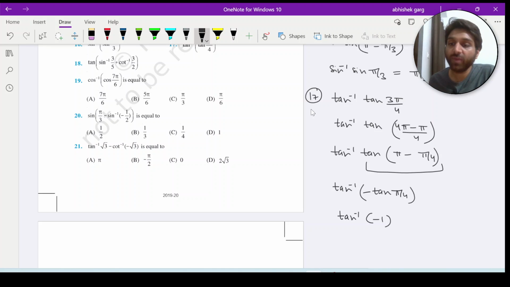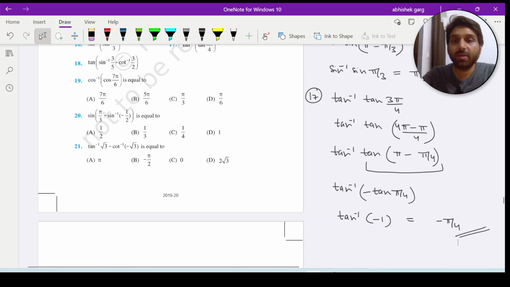Now, this is the question which we solved in the previous video. What is tan inverse minus 1? If we didn't have this minus sign, the answer would have been pi by 4. But with this minus sign, the answer would be minus pi by 4, because minus pi by 4 lies in between minus pi by 2 and plus pi by 2. So this is how we solve these questions.